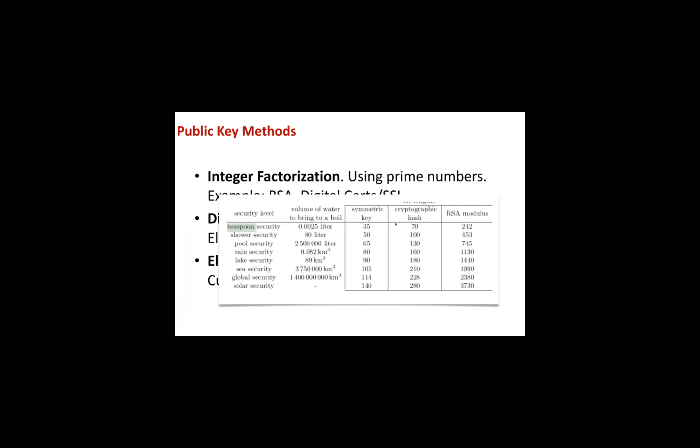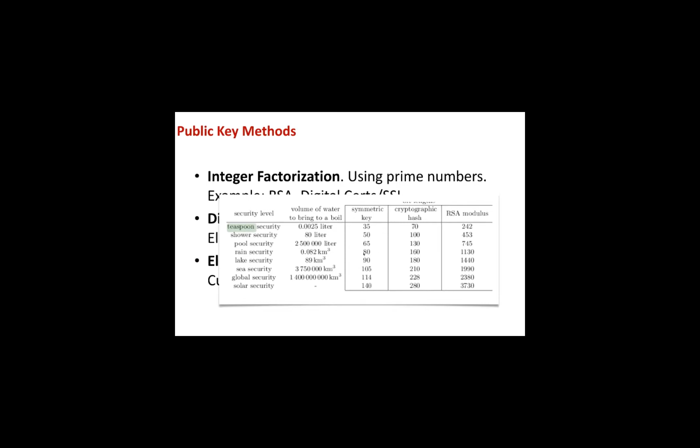The way that we typically measure the security of an encryption method is the amount of energy that we would consume to be able to crack a single key. So with 35-bit symmetric, we would need the energy to boil a teaspoon of water, and that's equivalent to 70 bits and 242 bits for public key.